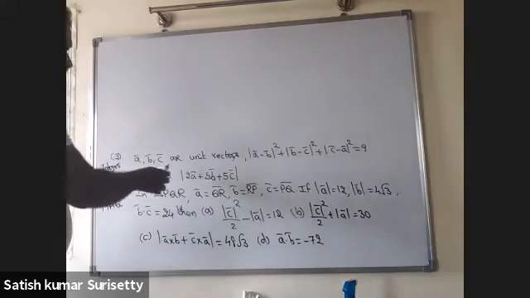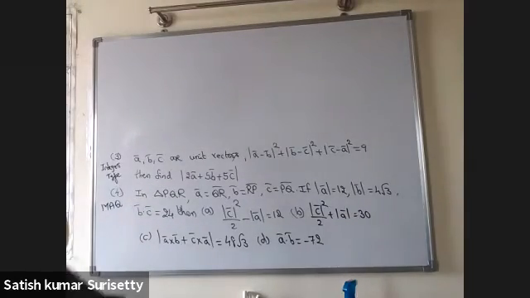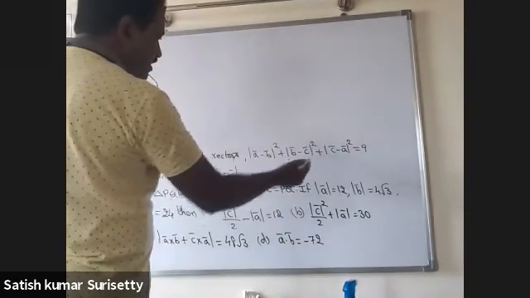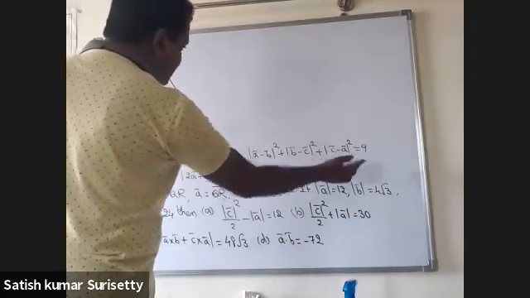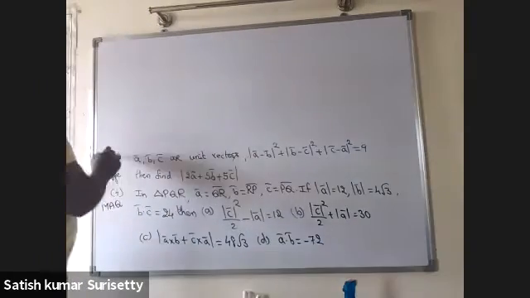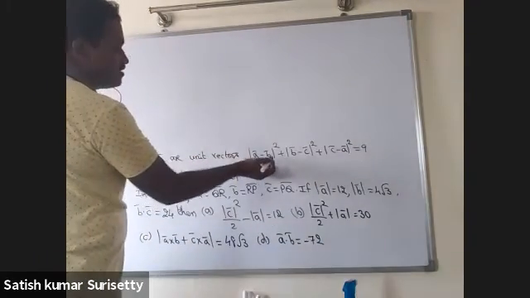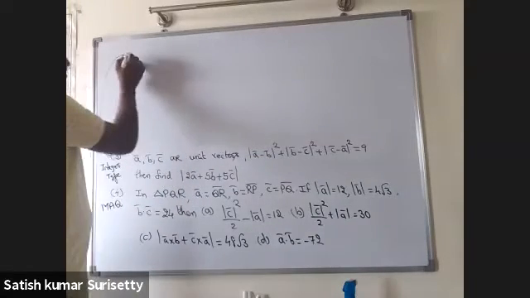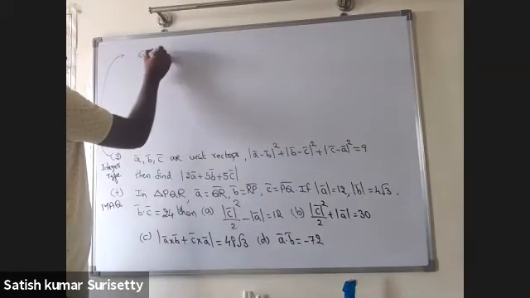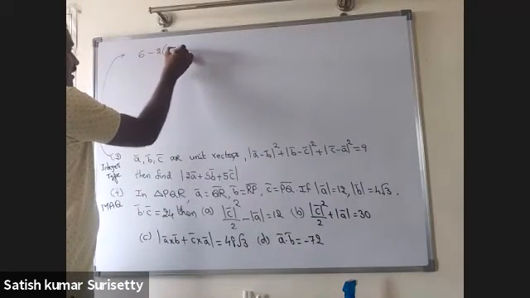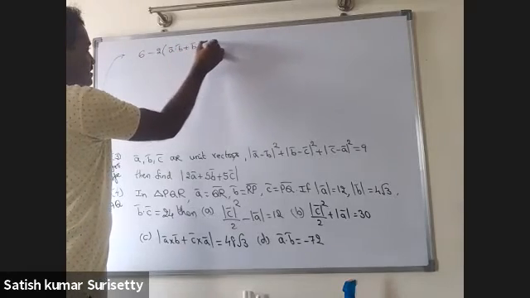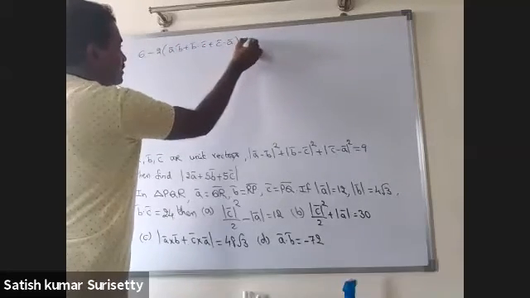So A bar, B bar, C bar are unit vectors, and modulus of A minus B whole square, modulus of B minus C whole square, modulus of C minus A whole square equal to 9. Expand this. So if you expand modulus of A square, modulus of B square, that is 1. So you'll get 6 minus 2 into A dot B plus B dot C plus C dot A equal to 9.